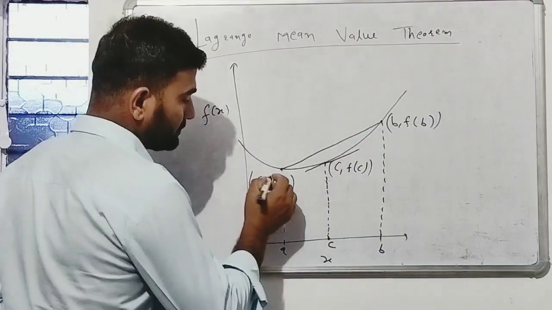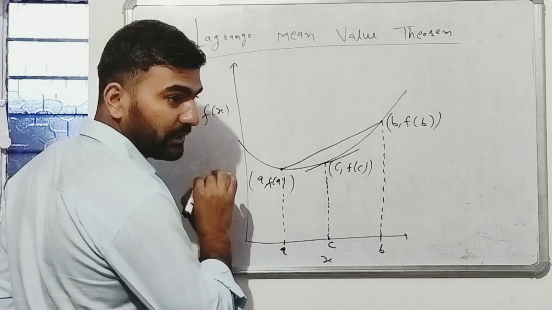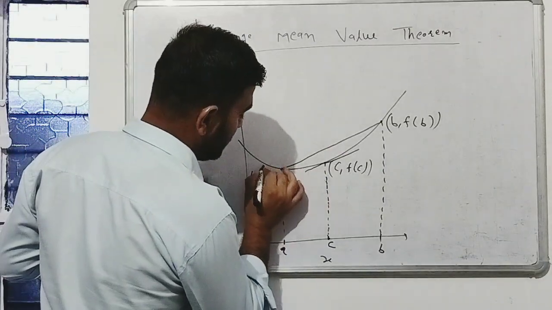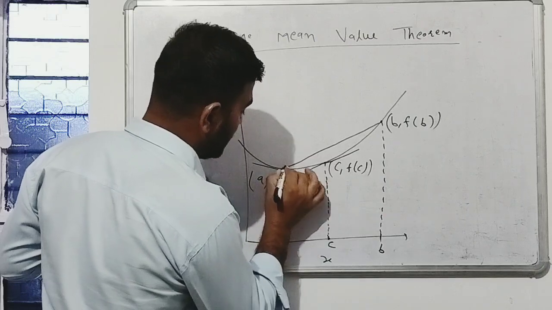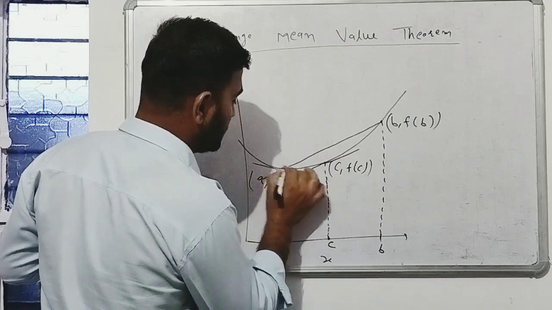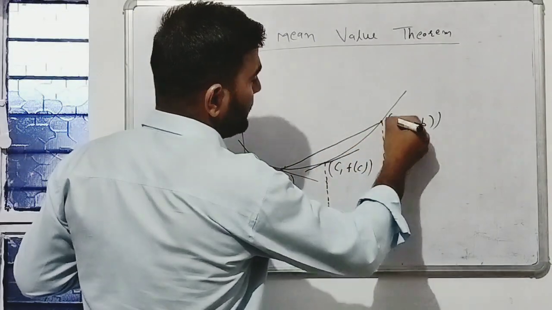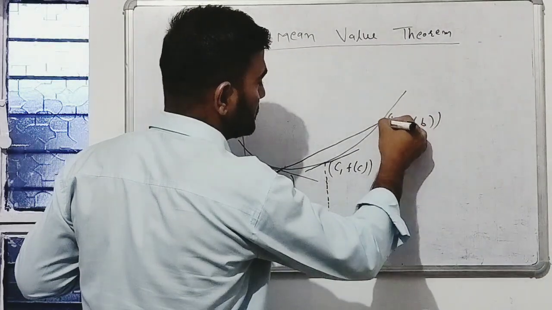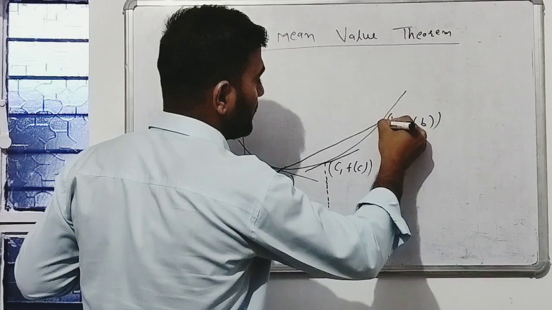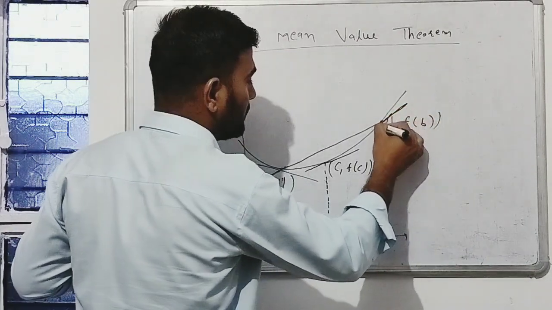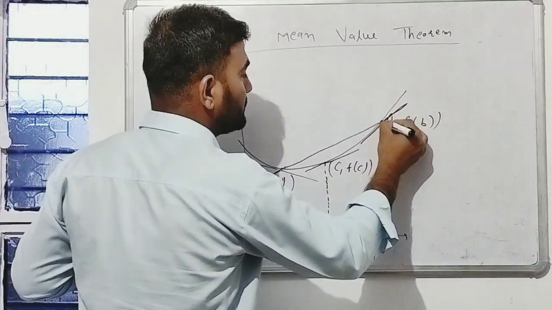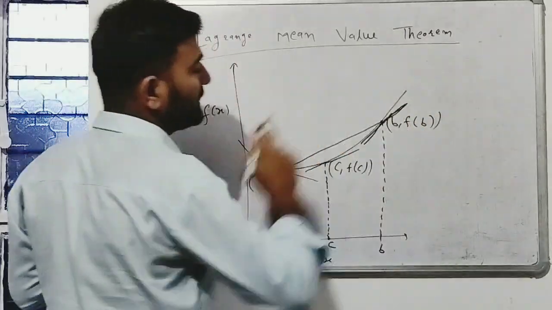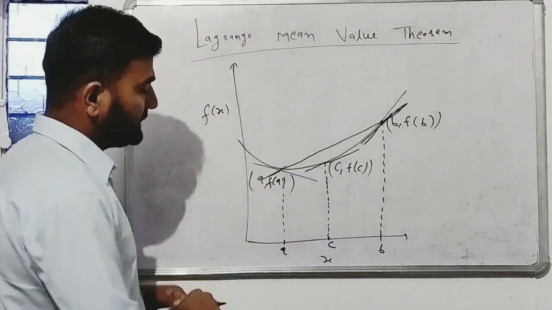If we draw a tangent at the point a, we can draw a tangent like this, and if we draw a tangent at point b, it will be similar to the x-axis. So this is the tangent at the point b, and this is the tangent at the point a.